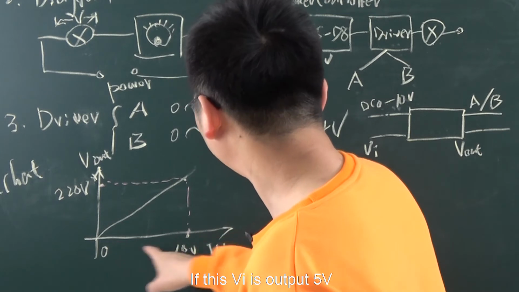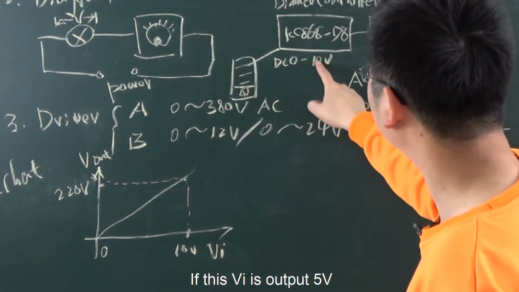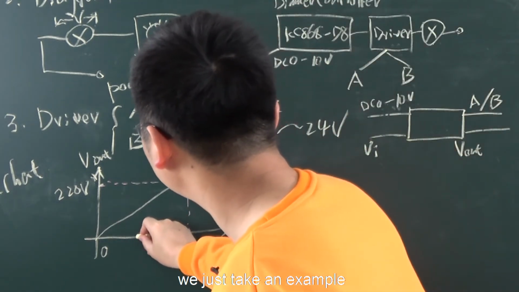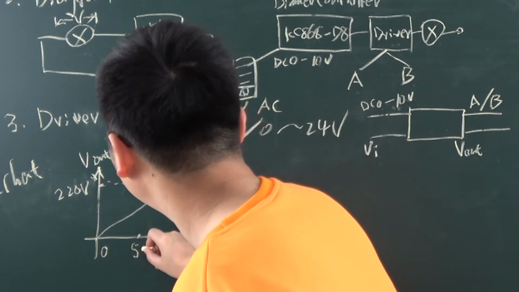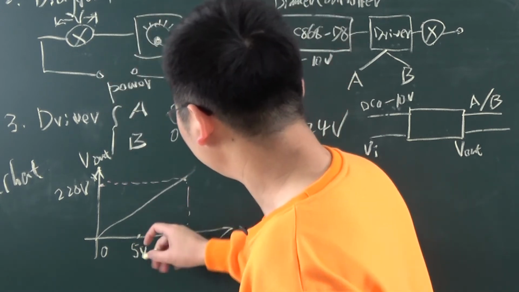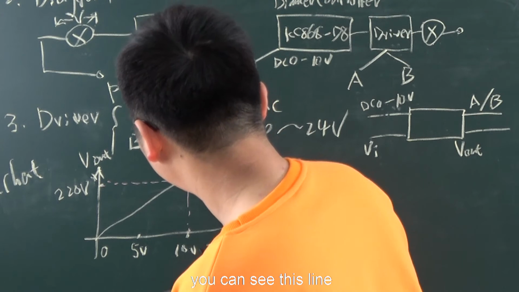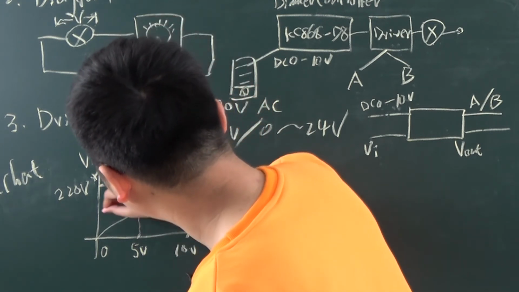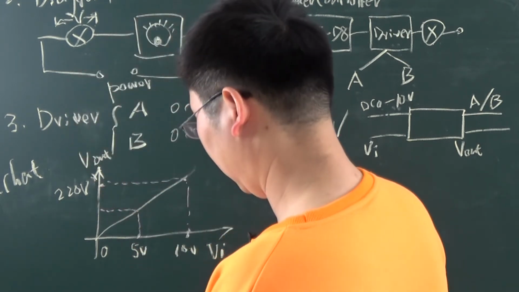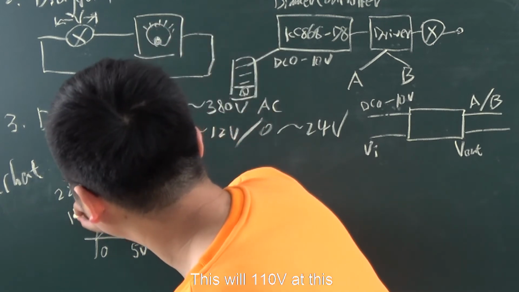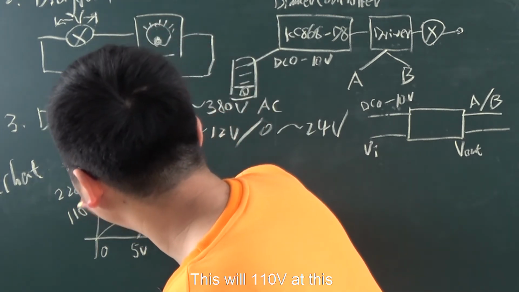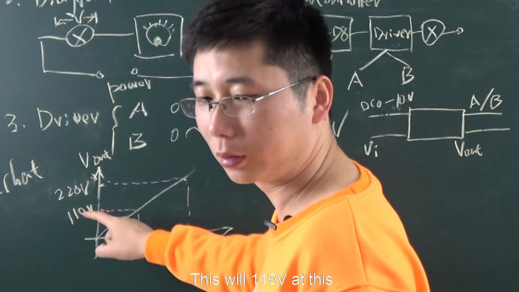And if Vin is 5 voltage, let's take 5 voltage as an example, you can see this line. The output will be 110 voltage at this point.